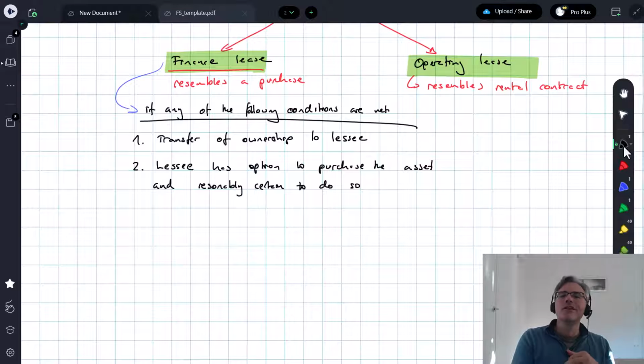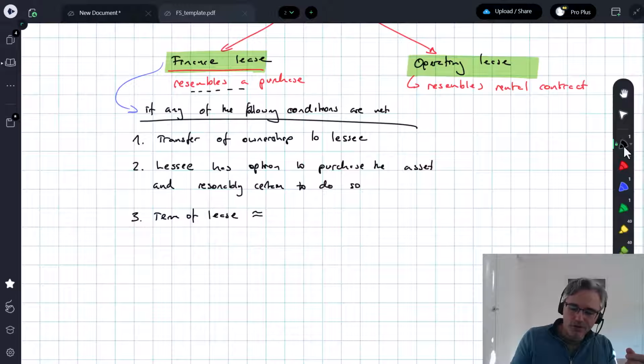In which case, you should already classify the contract as a finance lease, because for you, the way you approach the asset is similar to owning it. Even though you don't own it yet, you know that you will most likely become the owner at the end or at some point.